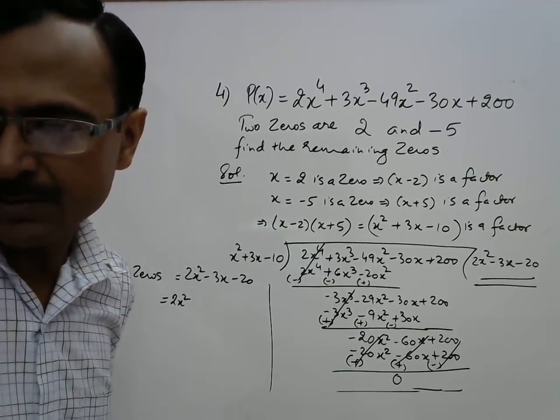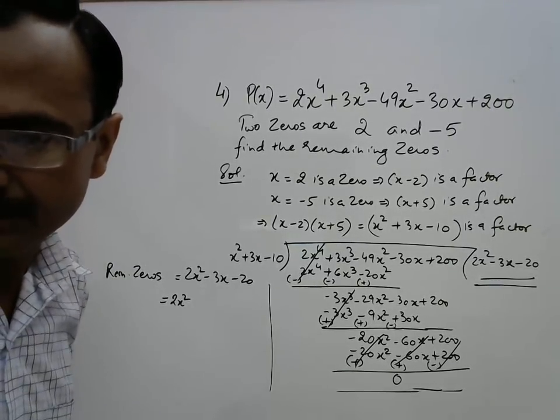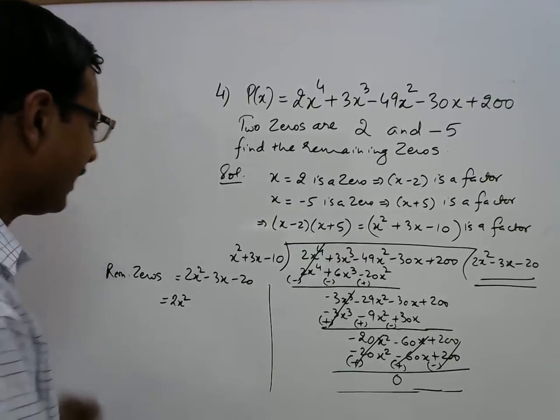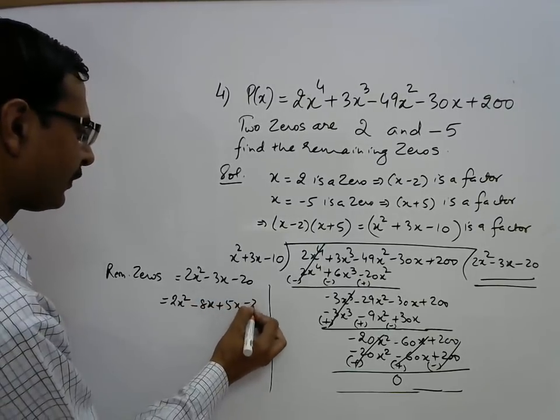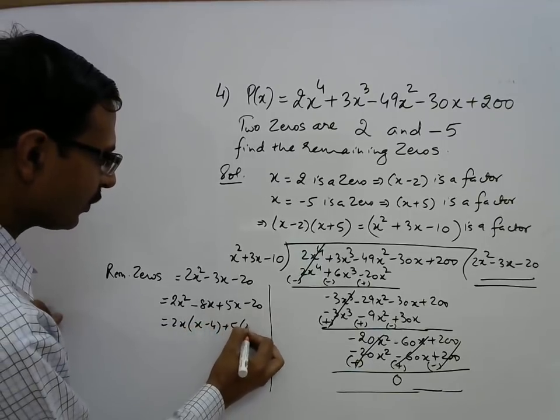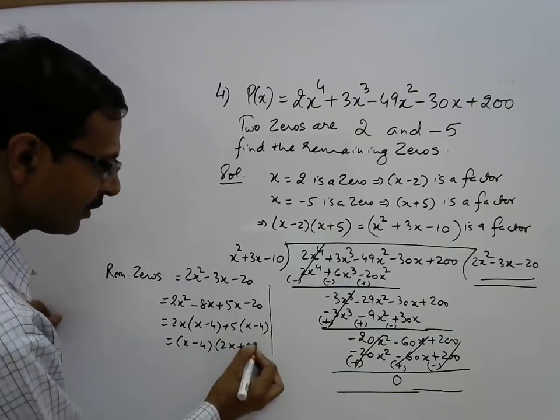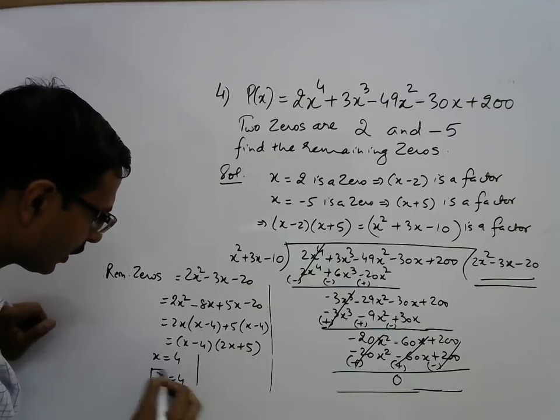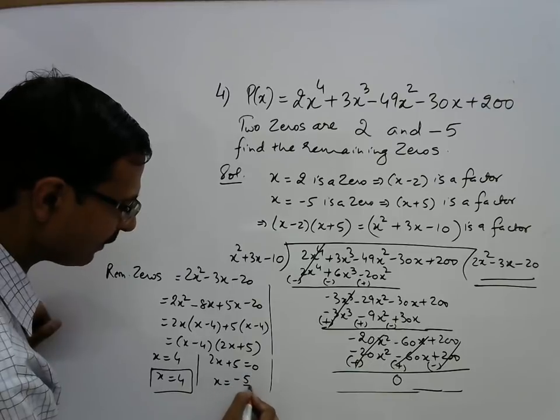Okay, can I have the middle term splitting of this equation? Middle term splitting, the factors. Okay, 8 and 5. Yeah, I got that answer. 8 and 5, so minus 8 plus 5. Now you can just take common and you will get your final answer as x minus 4 and 2x plus 5, which you can separately put equal to 0 and get your answer x equal to 4, and 2x plus 5 equal to 0 means x equal to minus 5 by 2.